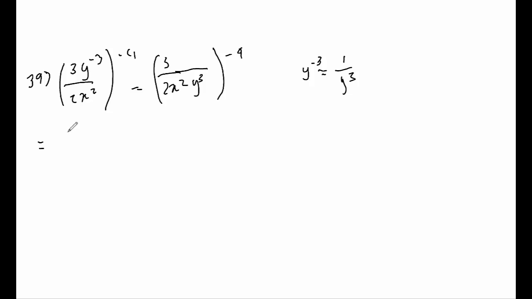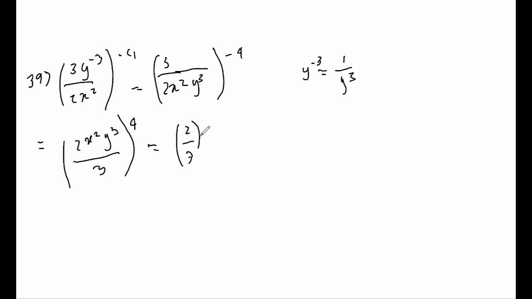So I'm going to go 2x squared y cubed all over 3, and I'll do this to the 4th power. And now I'm going to continue simplifying as usual. So I have 2 over 3, to the 4th power.